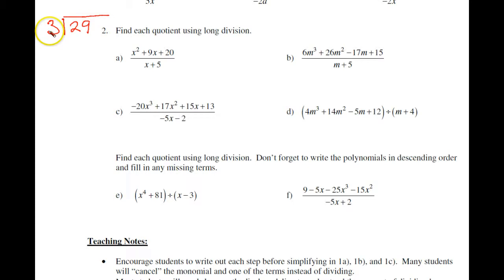Now, 3 goes into 2, doesn't go. So you then go 3 goes into 29. How many times? I think it's 9 times. You put a 9 up there. So 3 times 9 is 27. Now, what do we do to that? Well, we subtract it.